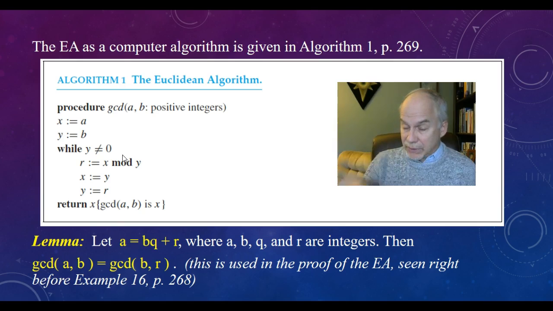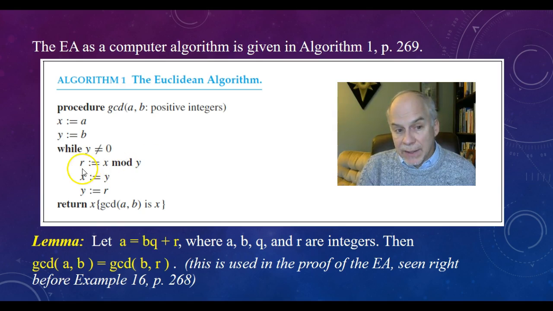Now it goes all the while y is not 0. So first it lets r be the remainder when x is divided by y, and that's what x mod y does.